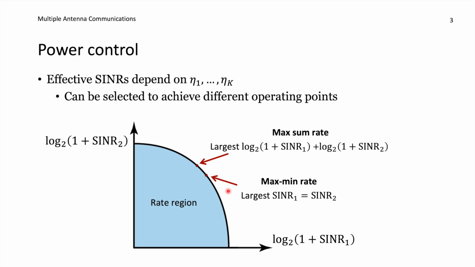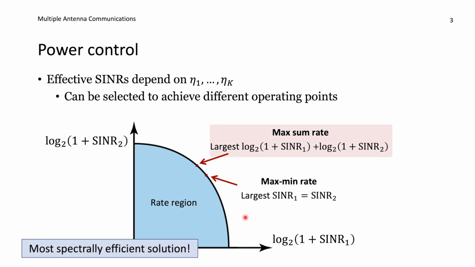And in the last video we considered how to select the power control coefficients to achieve the maximum rate point. And in this video we will instead consider how we can select the power control coefficients to achieve the maximum sum rate. This will be the most spectrally efficient solution in the sense that we are transferring as much data over our communication channels as possible.